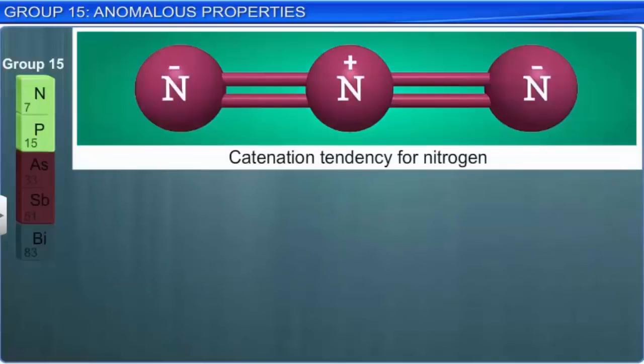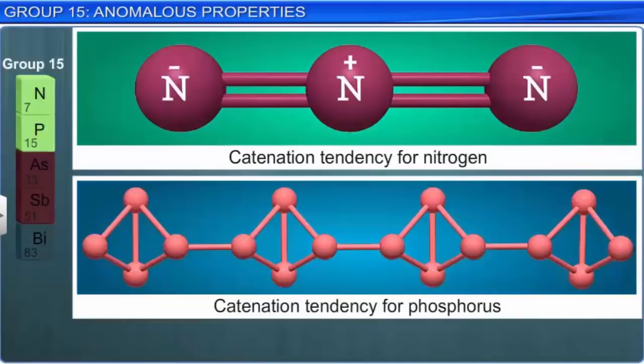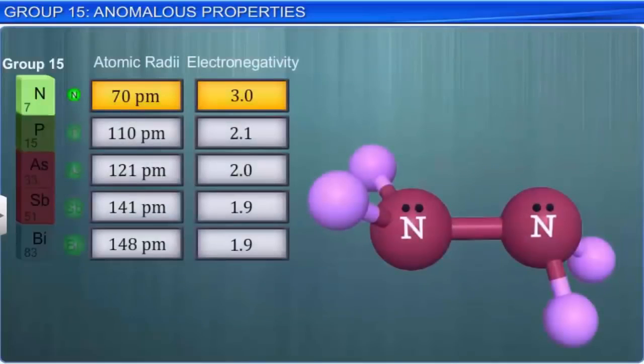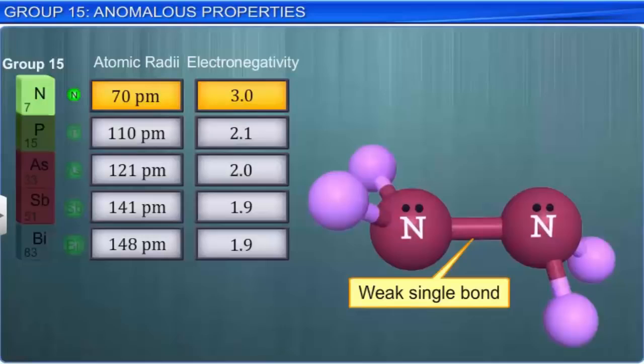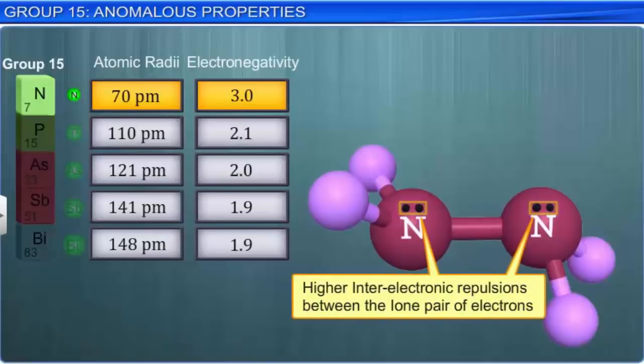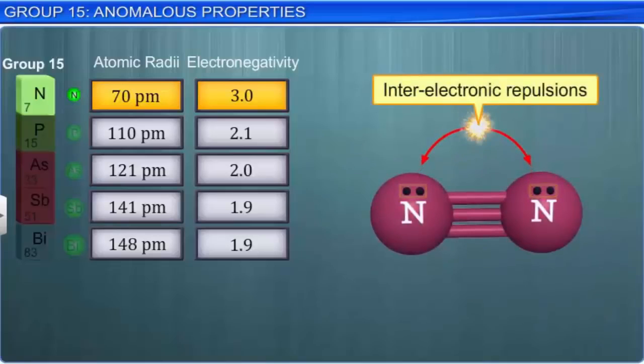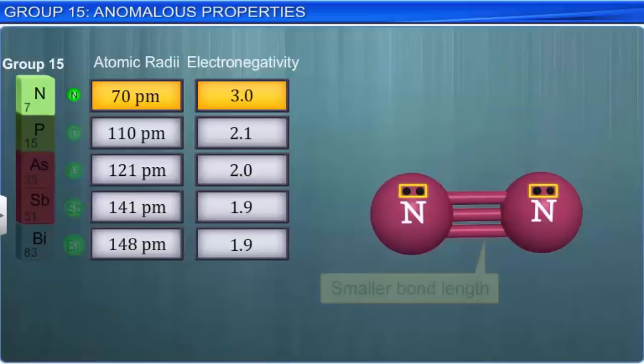The catenation tendency is less for nitrogen when compared to the other elements of the group. This is because the single bond between nitrogen atoms is much weaker owing to the higher inter-electronic repulsions between the lone pair of electrons present on the nitrogen atoms. The high inter-electronic repulsions in dinitrogen are attributed to its smaller bond length or small size of nitrogen atoms.